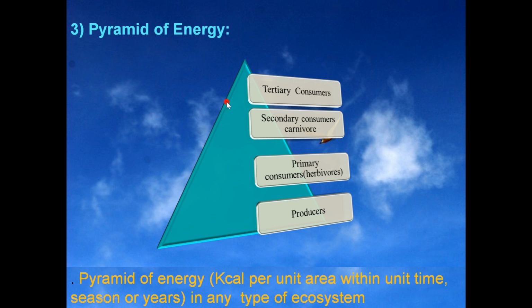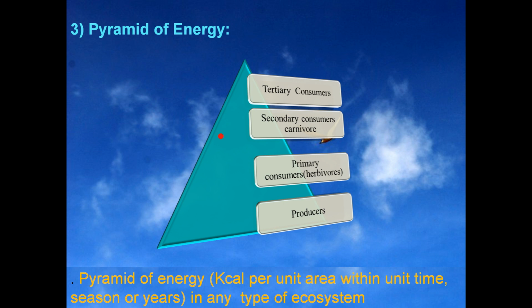So the producers, then the primary consumers, that is the herbivores, then the secondary consumers, the carnivores, and then the tertiary consumers, which are also carnivores. In this way the energy decreases from the producers to the top, and such food energy can be shown in this diagram.